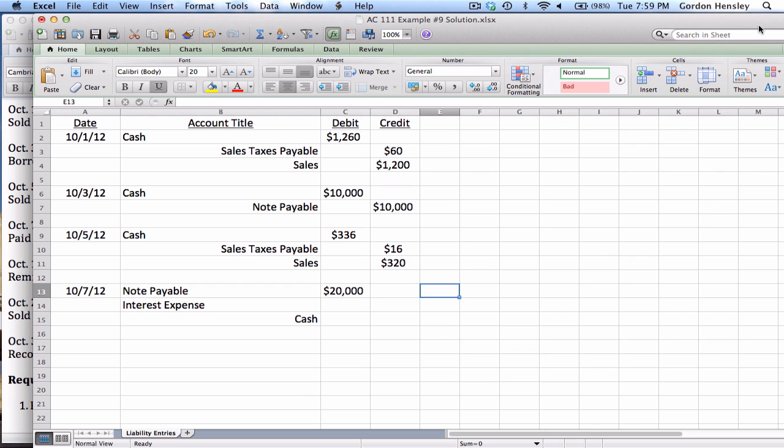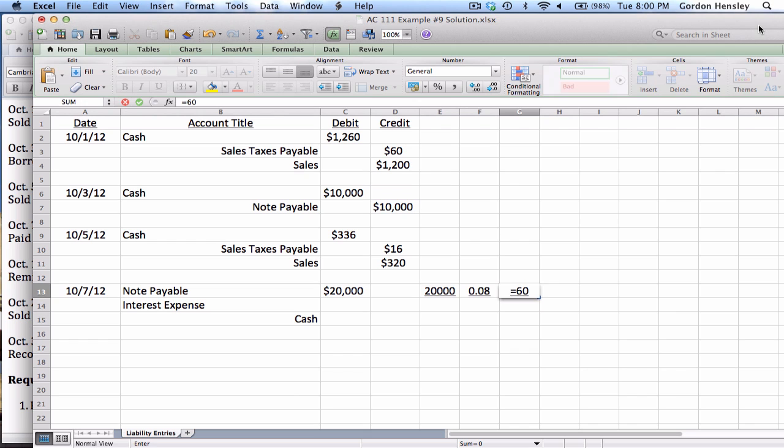And you know that there's a simple interest formula, and it's principal times rate times time. So in this case, we've got $20,000. That's the principal. The rate, it said, was 8%, so that's 0.08. And time, it's a 60-day note. Well, we know that, of course, banker's interest is based on 360 days.